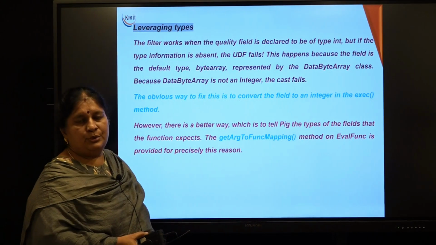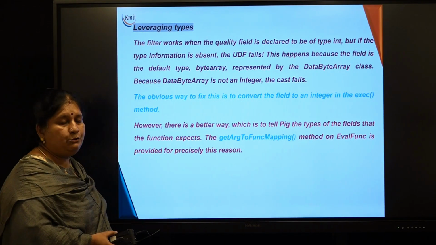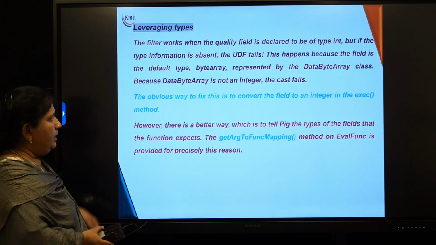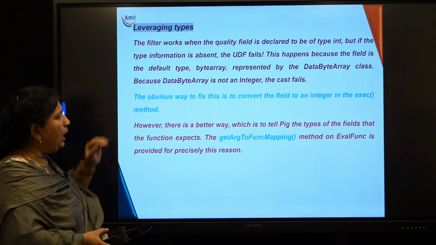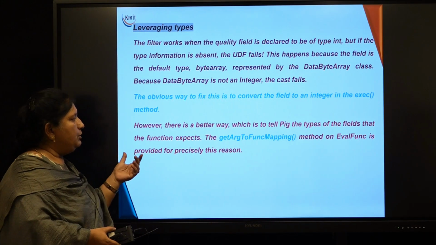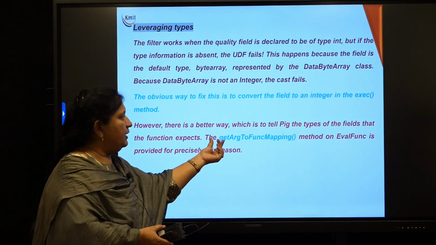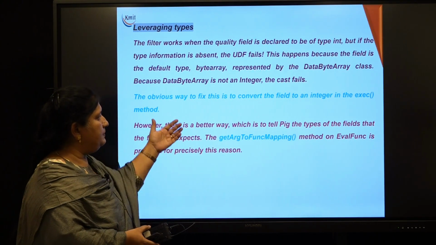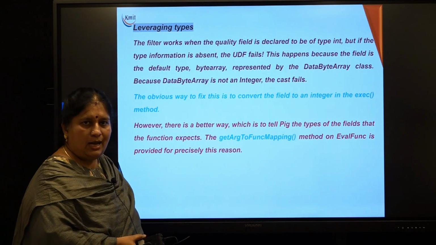Whenever you work with an int data type and you miss the type, it defaults to bytearray and fails. How do I fix this? You can use the getArgToFuncMapping method, which provides for typecasting one data type to the other data type.